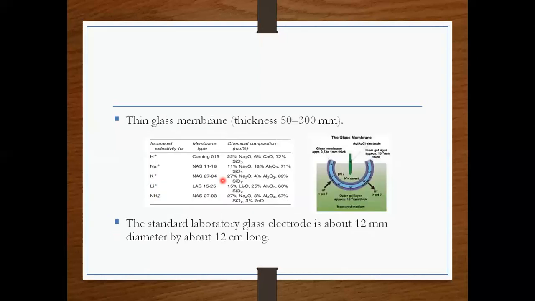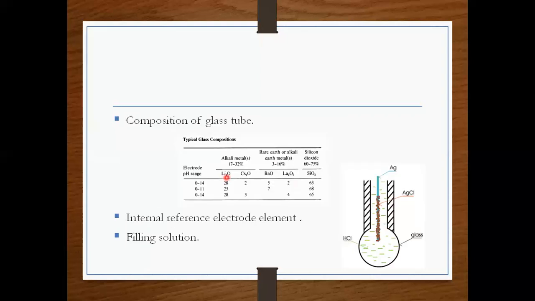The alkali metals consist of lithium oxide and cesium oxide, lithium oxide is 28% and cesium oxide is 2%. Depending upon the pH range, the percentage of the alkali metals, alkaline earth metals, and silicon dioxide is variable.